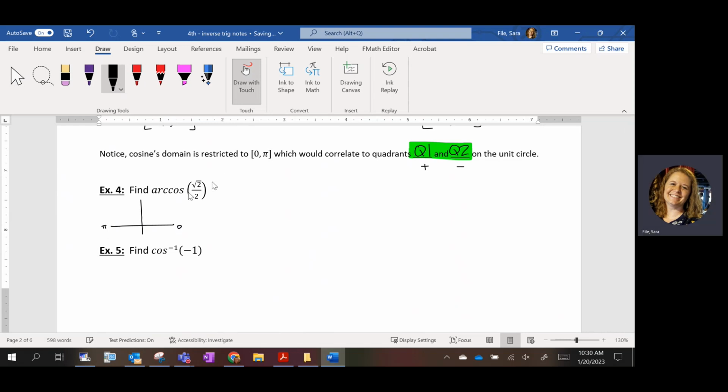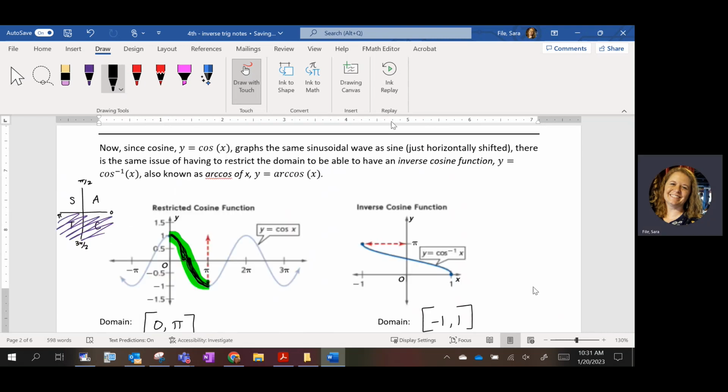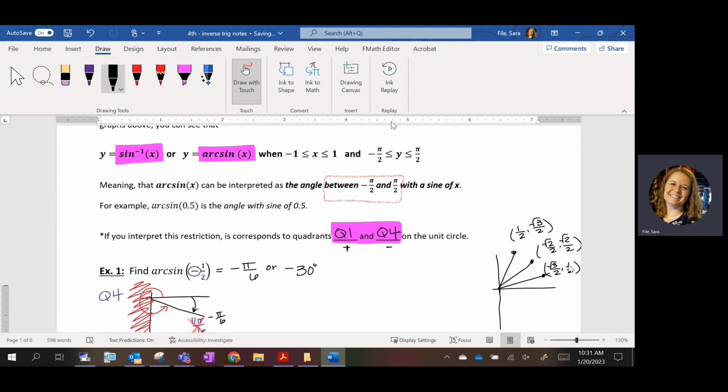Okay, is this a positive or a negative value here? So I know that we're coming from quadrant 1. So look in quadrant 1 of your unit circle. Where is the cosine value? Cosine corresponds to what? The x value of the ordered pairs. We said up here when we were reviewing those angles, we said sine was the y, cosine is the x.